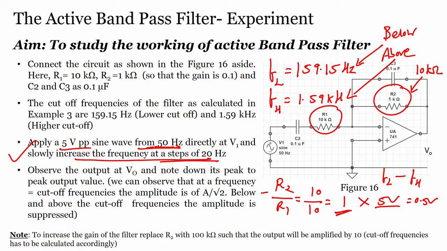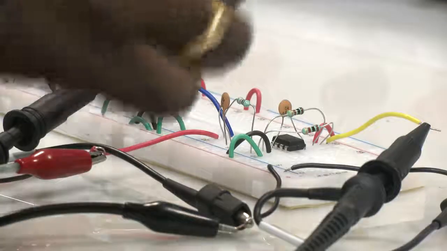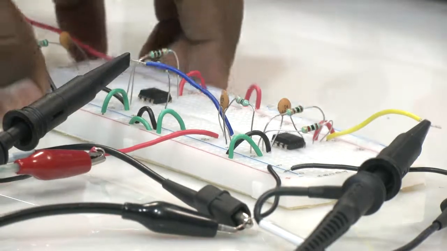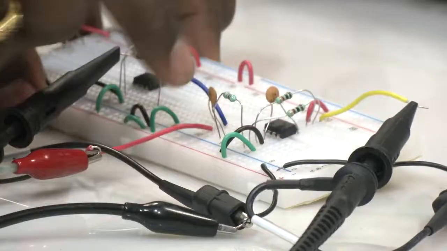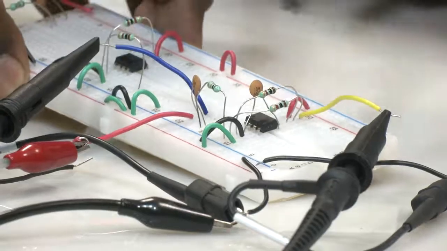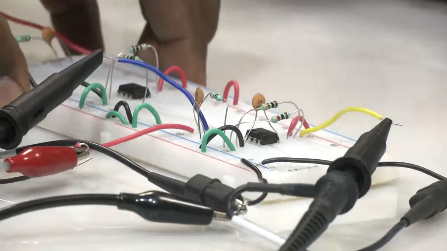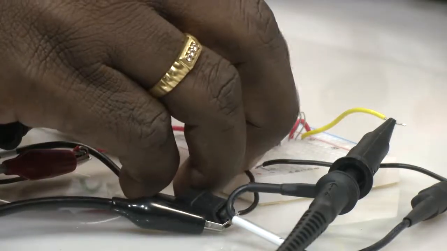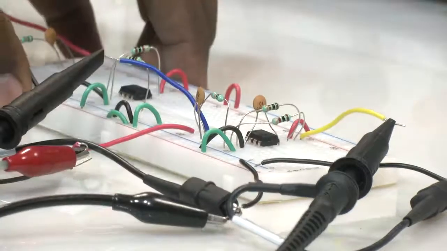So, let us go back to the breadboard. What we see here is that this resistor has been kept to make the total value close to 10 kilo ohm, 500 ohms.